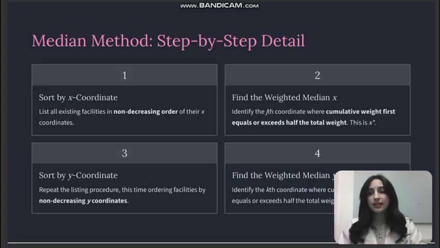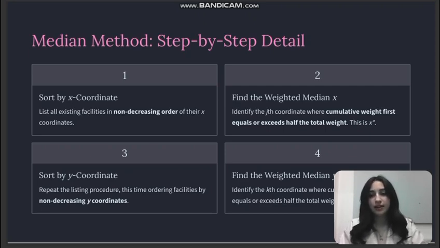Let's talk about the steps of the median method. The first step is sorting existing facilities by their x coordinates in non-decreasing order. After that, we find the weighted median x. For that, we first find the cumulative weight, and where the cumulative weight first equals or exceeds half the total weight, that will be our optimal x.